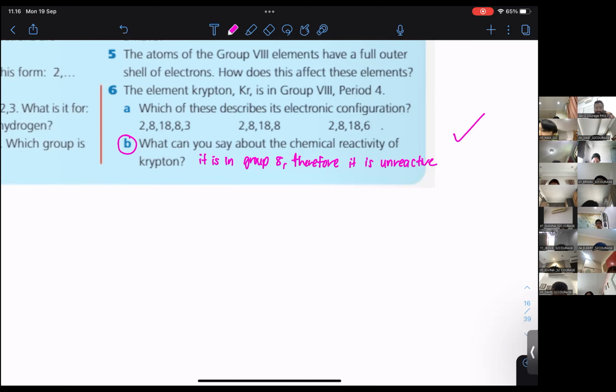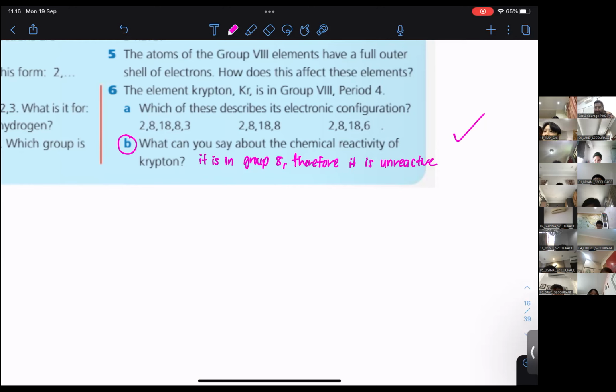Why unreactive? Because I told you whenever it comes to chemical reaction, chemical reaction involves electrons. It means that electrons need to be lost or electrons need to be accepted. In this case, because it's group 8, the outermost shell has 8 electrons.